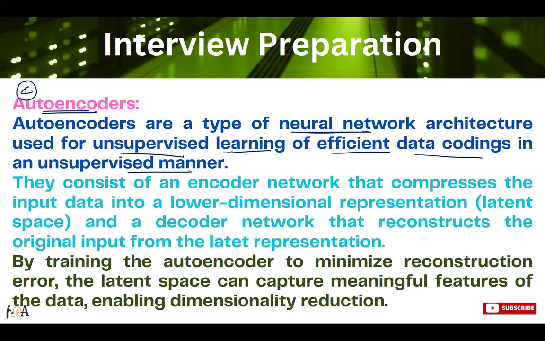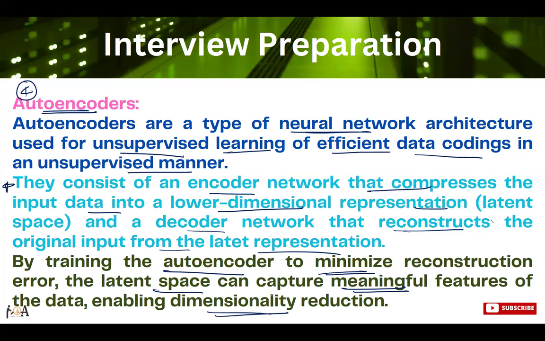Basically, they consist of an encoder network that compresses the input data into a lower dimensional representation, that is the latent space, and a decoder network that reconstructs the original input from the latent representation, right? So by training the autoencoder to minimize reconstruction error, the latent space can capture meaningful features of the data, enabling dimensionality reduction.